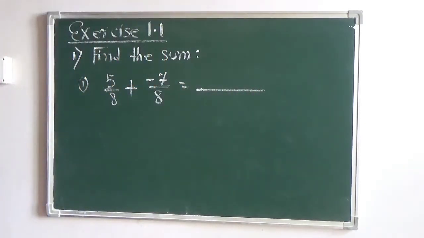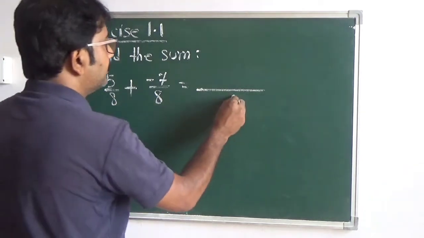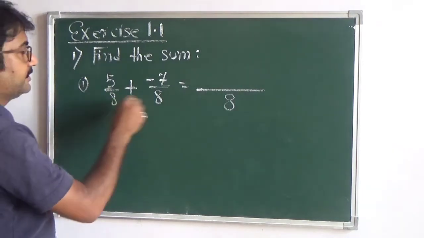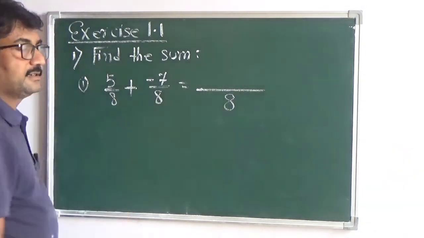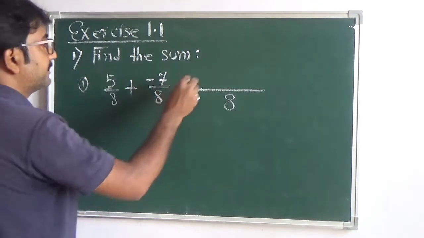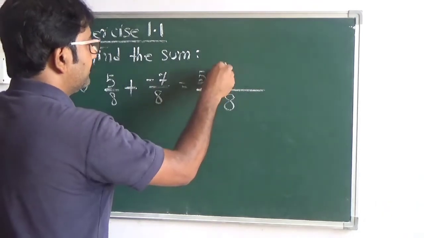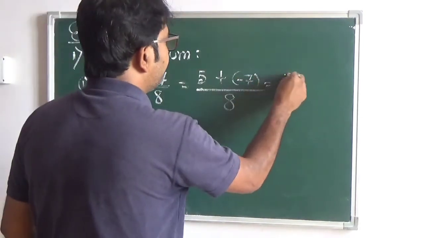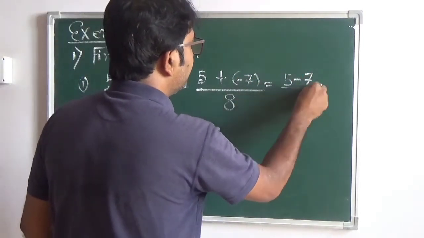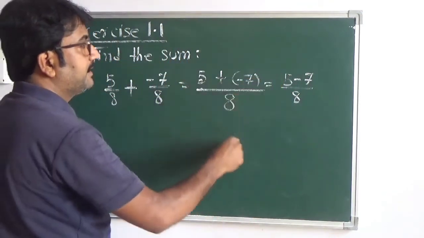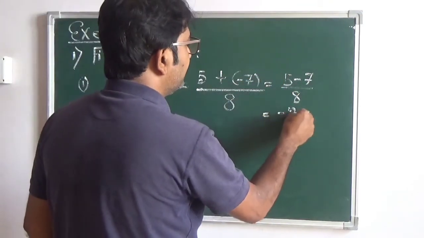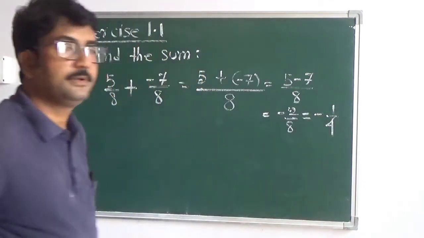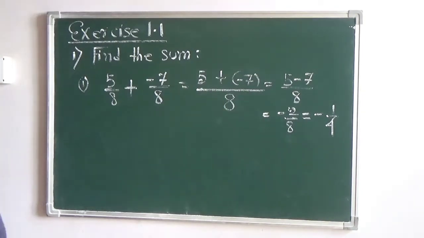Both denominators are the same, so no problem in taking the LCM as 8. 8 divided by 8, the result is multiplied with the numerator. So it is 5 plus minus 7 by 8, plus into minus is minus, and we get minus 2 by 8, and if you reduce it, it becomes minus 1 by 4. So it is very simple.